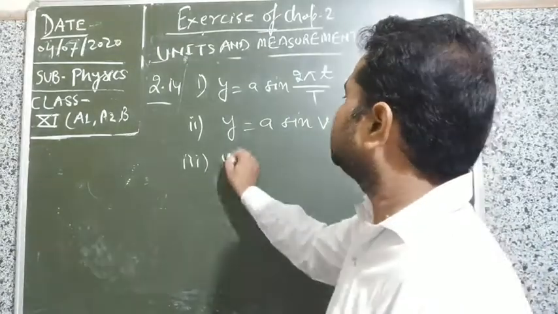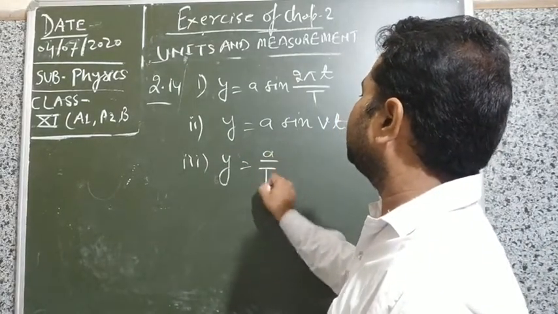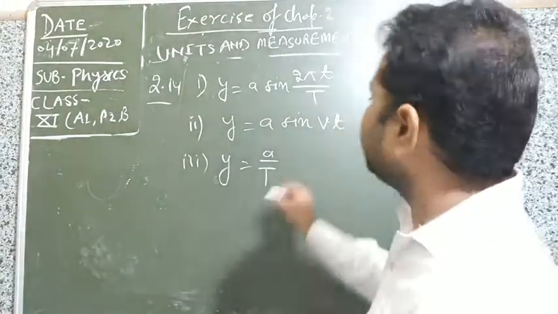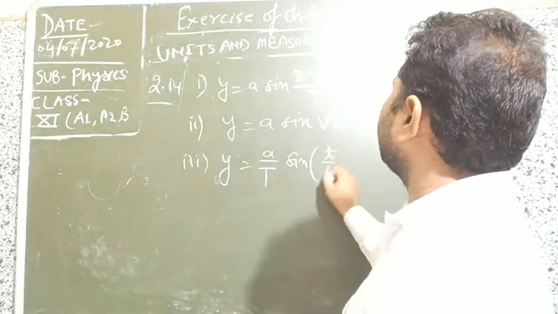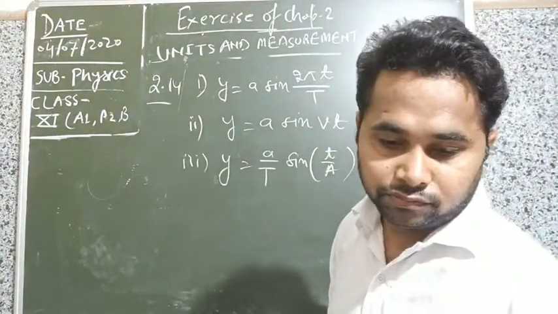Third is y equals a by t, sin t by a, small a it is.